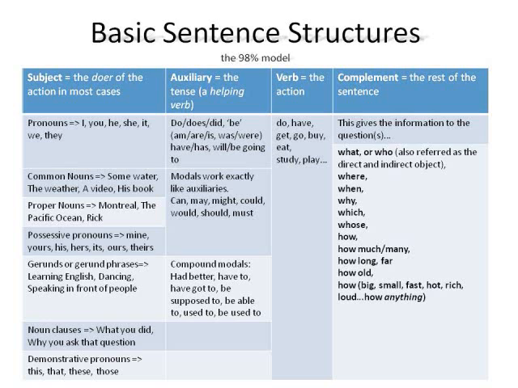How for the manner, how much and how many, how long or how far, how old, how big, how small, how fast, how hot, how rich, how loud, how anything, how plus any adjective or how plus any adverb. And those four parts represent your basic sentence structure for 98% of the time.